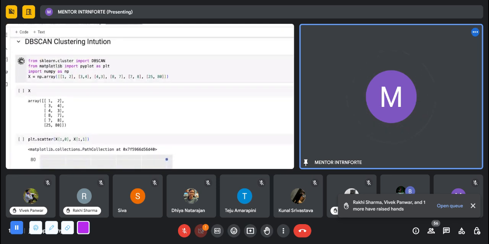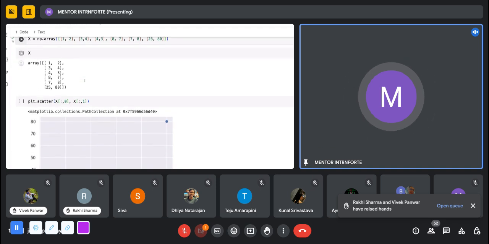You can see 1, 2, 3, 4, 4, 3. All these are very close to each other, and then you have 8, 7, 7, 8, which are again close to each other. These 2 points are close to each other, and then I have taken a very far away point. I imported dbscan from sklearn.cluster, and pyplot from matplotlib as plt, to plot all these points.